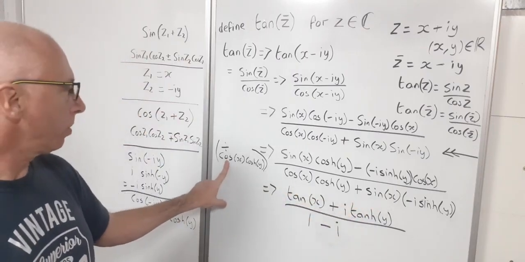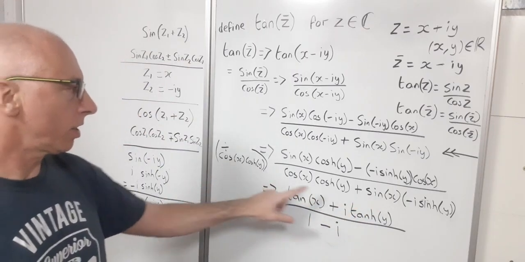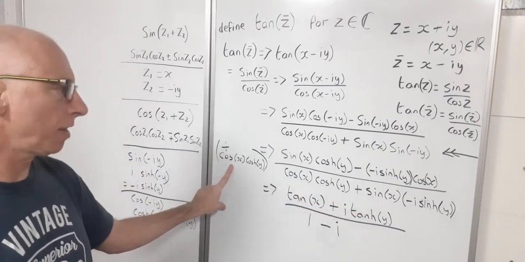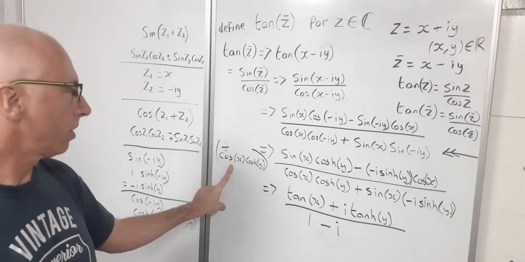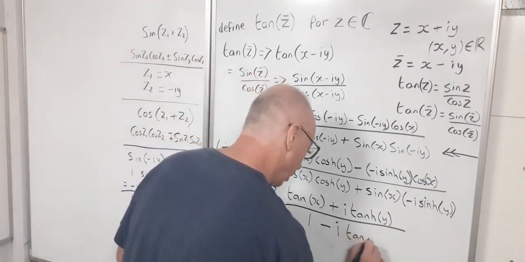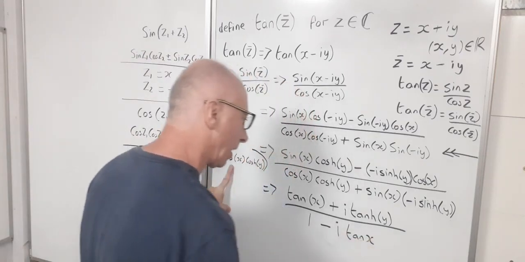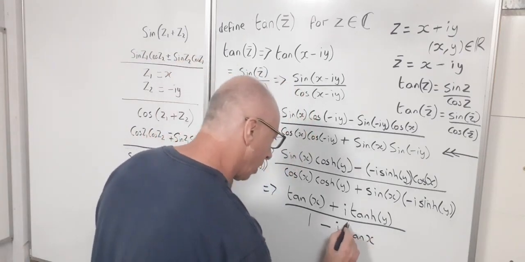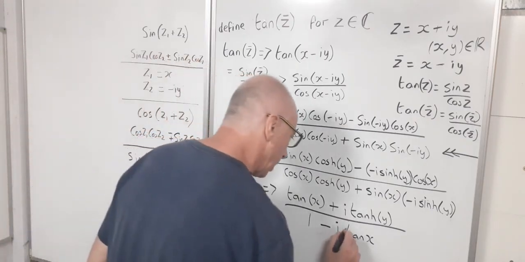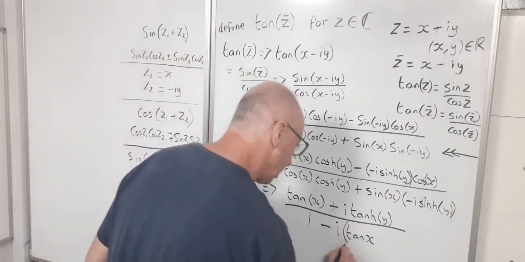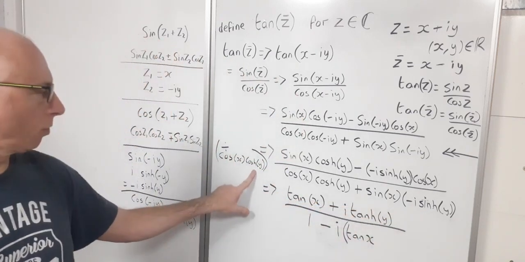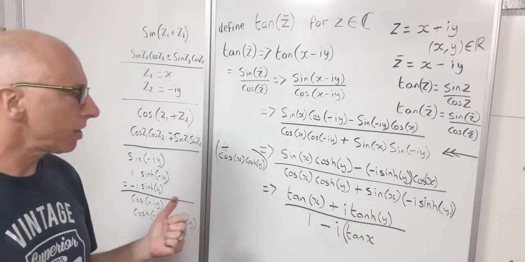So sine of x divided by cosine of x, that's going to leave me with tangent. So I've got tangent of x. Now this is all going to be multiplied by i. So I don't really need a bracket, but I'm going to put one in there anyway. Then I've got sinh of y divided by cosh of y, that's also going to leave me with tanh of y.